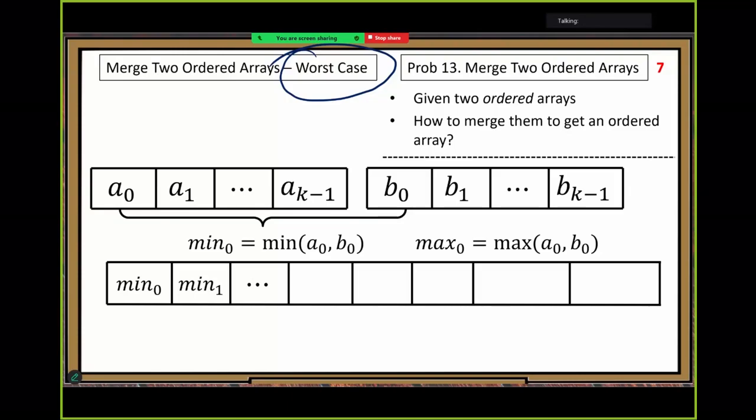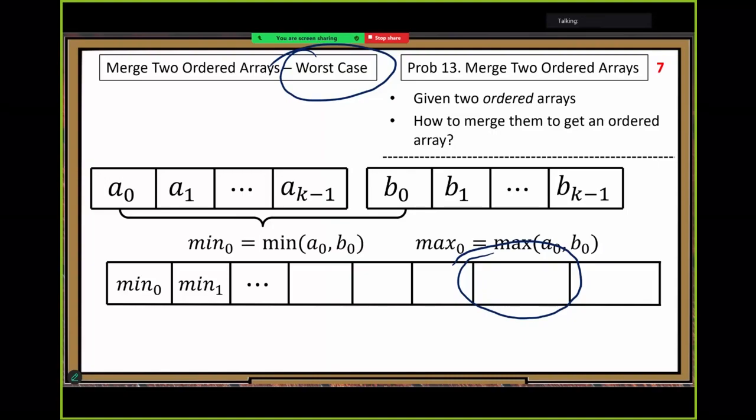So that means you need to do the comparison. What is the last comparison you need to do? The last comparison is to put this element in place, right? That means you need to do one comparison to put one element in.